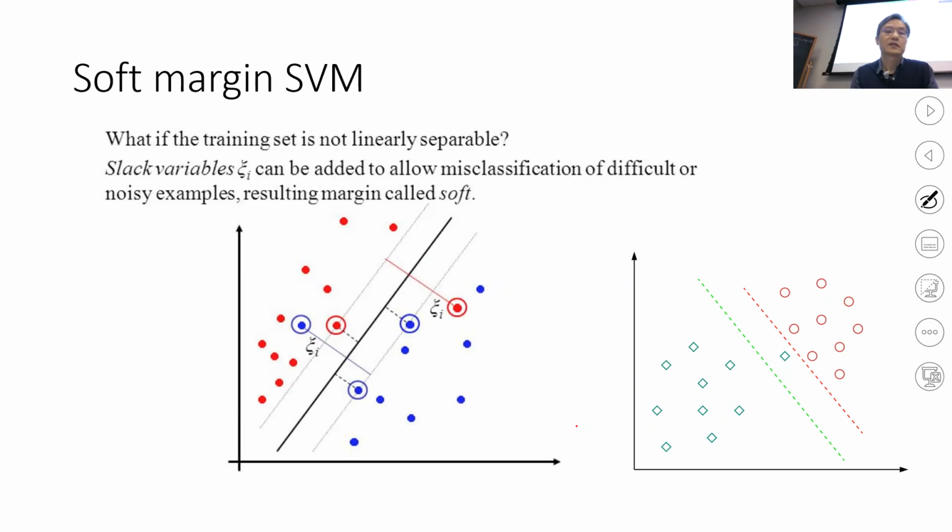For instance, this blue point is supposed to be in the right lower portion of this, and also this right point is not in the right group. So we are going to use a soft margin SVM, so it allows some mistakes to happen instead of only selecting the hard margin, and that's what we just discussed.